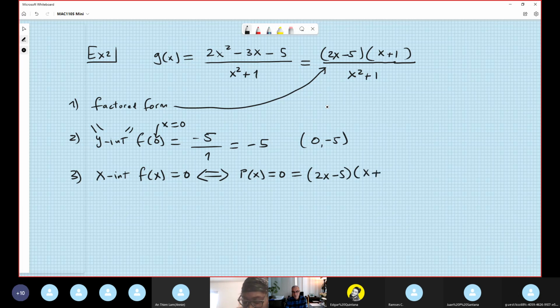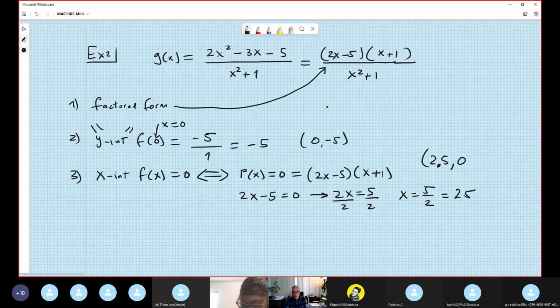Then I know each factor is equal to 0. 2x minus 5 is equal to 0, so 2x equals 5, divided by 2 on both sides. x is 5 over 2, or in decimal, 2.5. So we get one point, (2.5, 0).